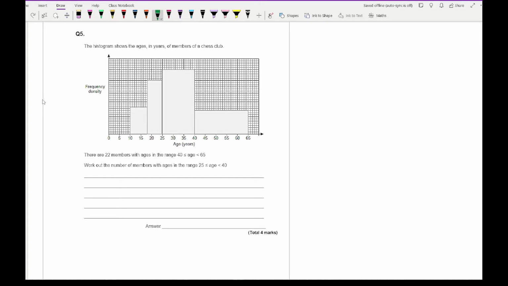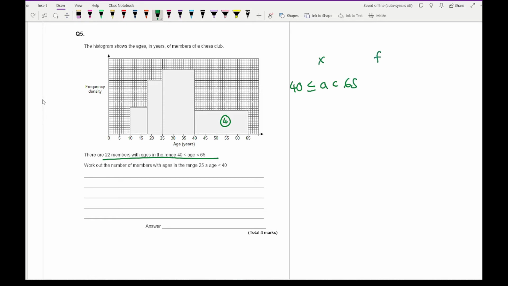So using this information, if I label this block as number 4, we know the frequency density for number 4, well, it's 40 to 65, so that's the class width.